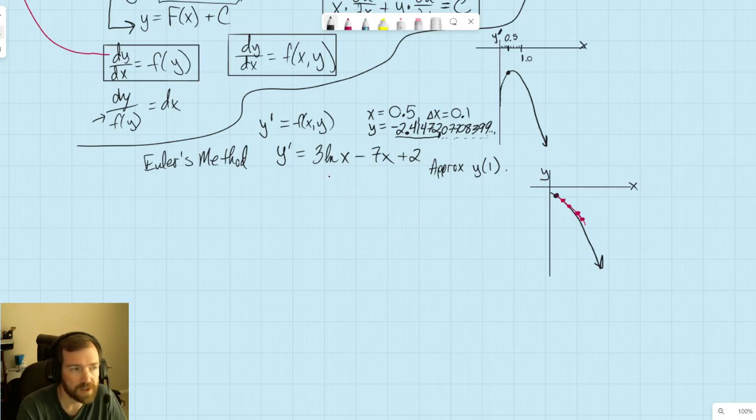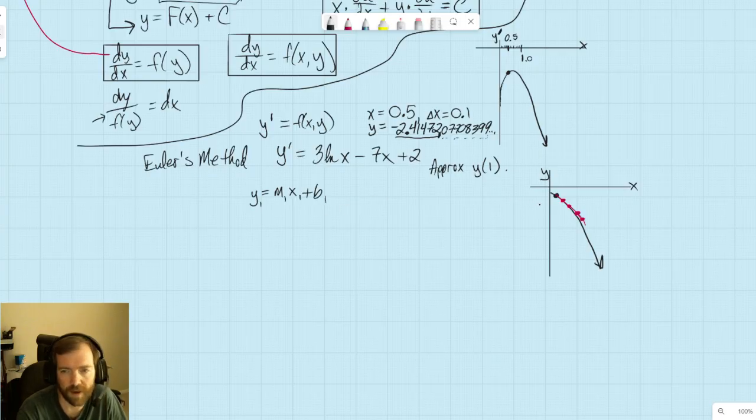Okay, so here's what we're going to do. We're going to take a series of linear approximations. If you remember your linear approximations, this is basically like Newton's method, where we say, okay, we're going to take y1 is equal to m1 times x1 plus b1.